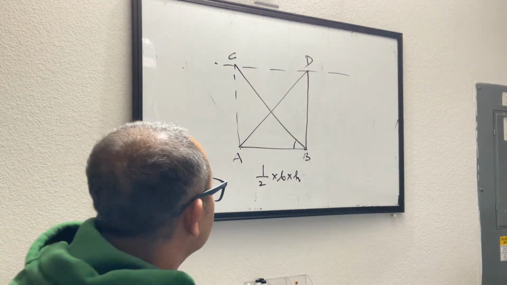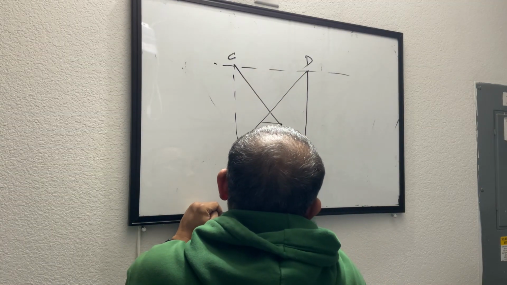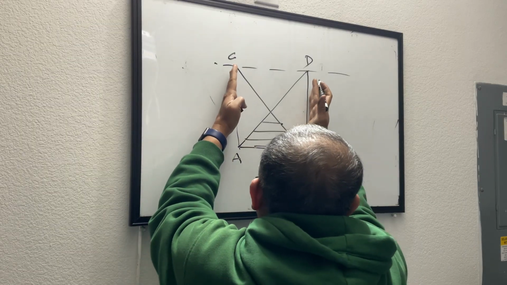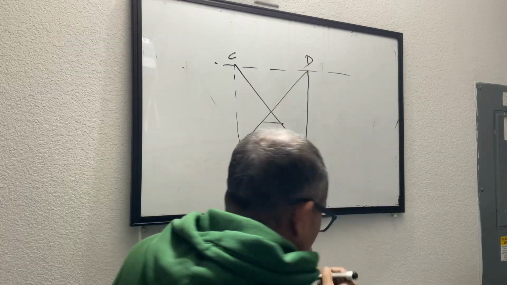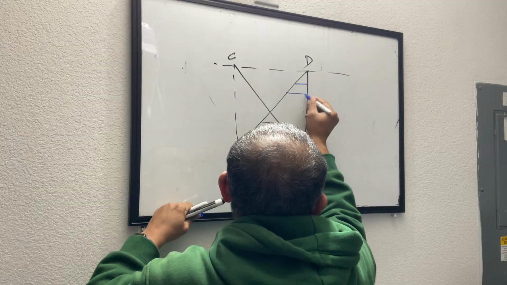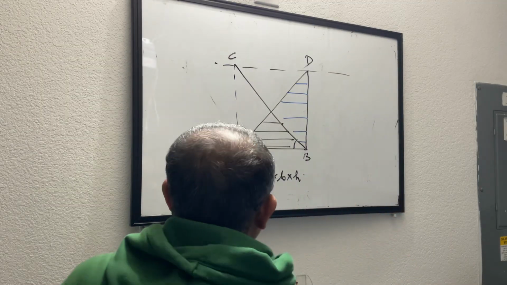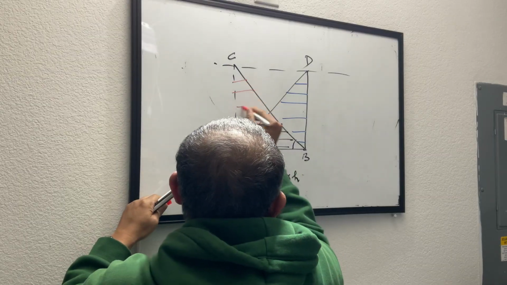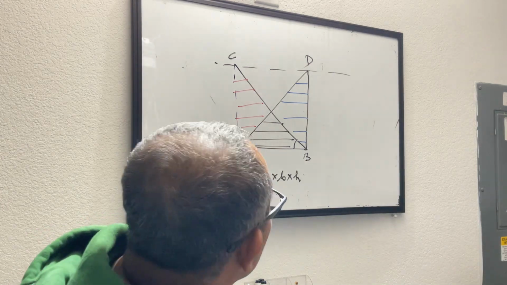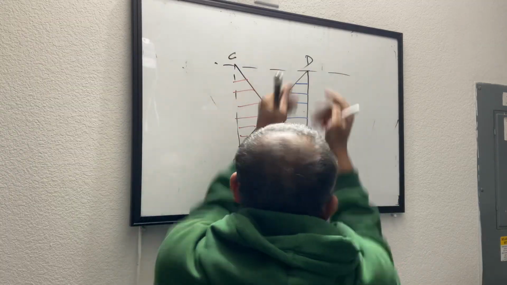Let's first convince ourselves. If you look at this triangle and this triangle, this part is common between them. If by any chance we can prove that the blue triangle and the red triangle have the same area, or if they are congruent, then we can believe that if you are drawing triangles between two parallel lines with the same base, their area will be the same.